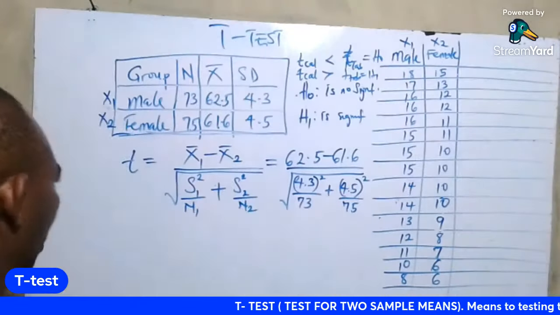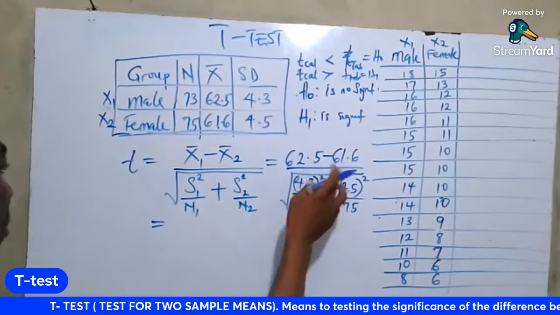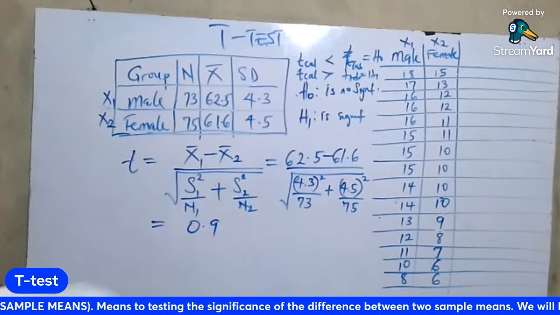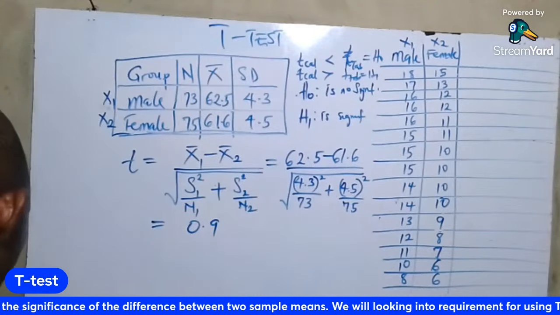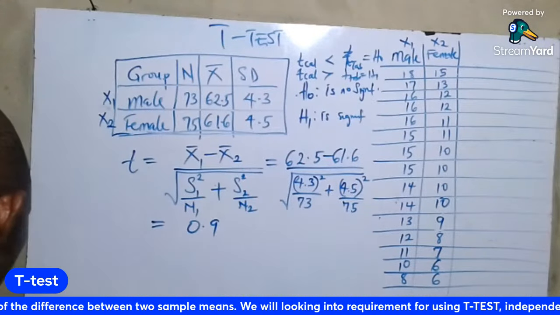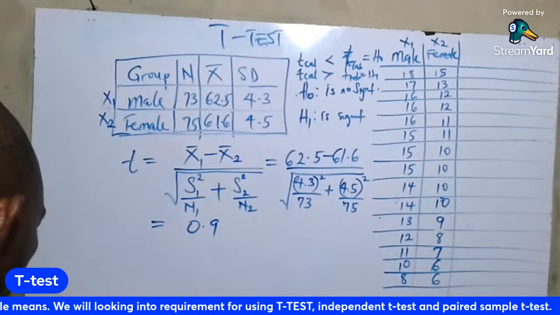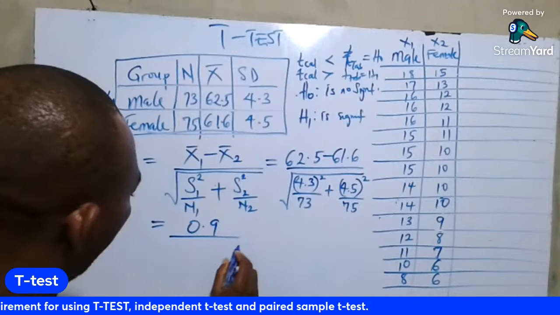Let's find the difference between the two. The difference between these two will give me 0.9. You can confirm that from your own too. As we said, this is a practical class: 62.5 minus 61.6 will give me 0.9 over.